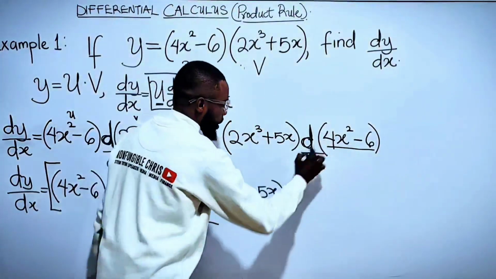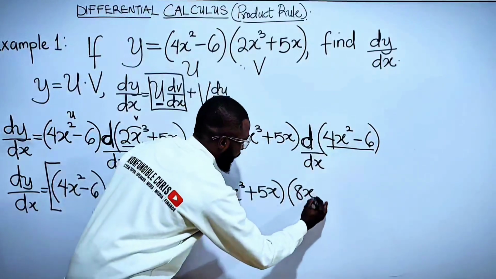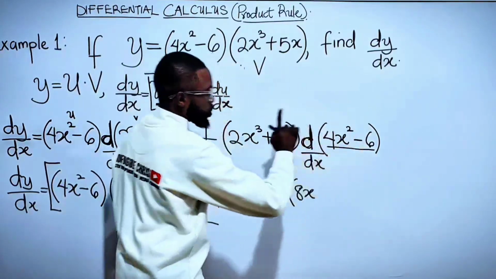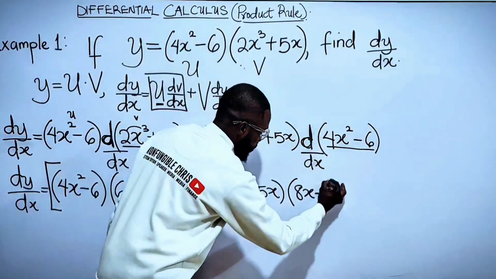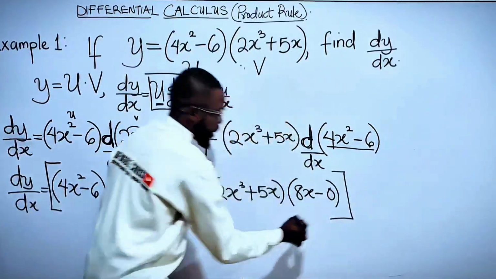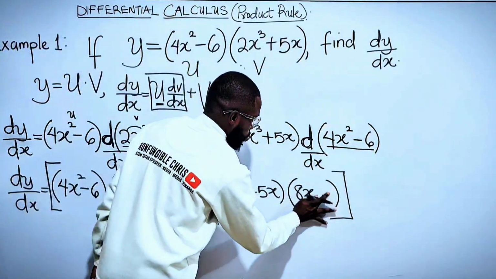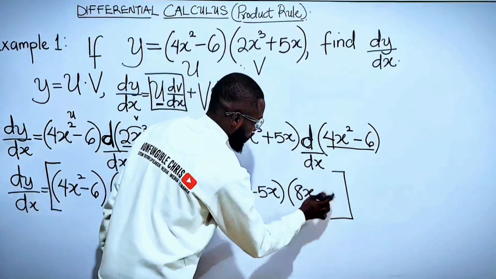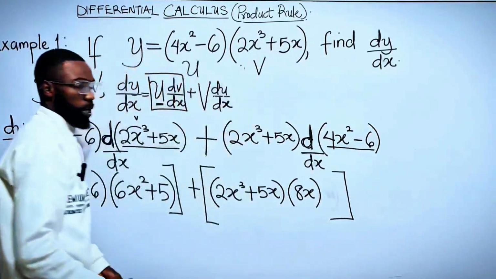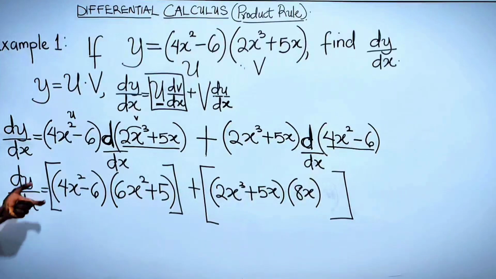If we differentiate this, we have 8x, and differentiating a constant gives 0, so we have minus 0, which is nothing. It's just simple. You might choose to leave your answer like this, or you might choose to simplify further.